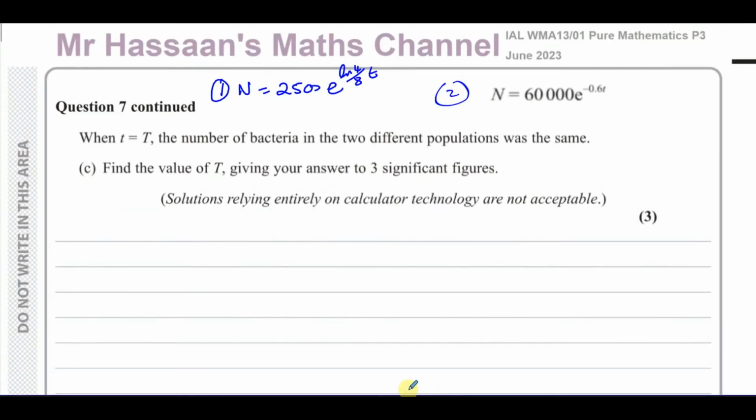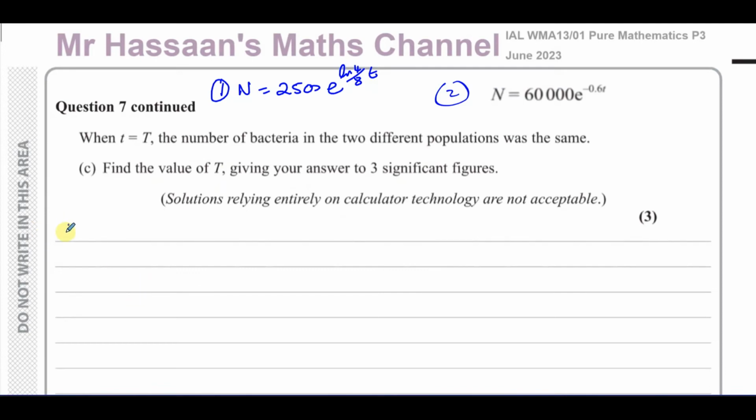Now for part C, it says when t equals capital T, the number of bacteria in the two different populations was the same. So here I've got the equations written from the previous two questions, the first population and the second population. Find the value of capital T, giving your answer to three significant figures.